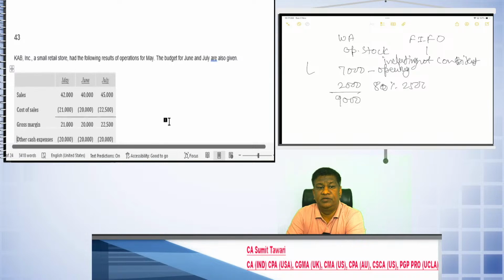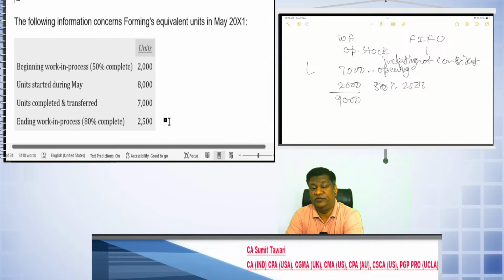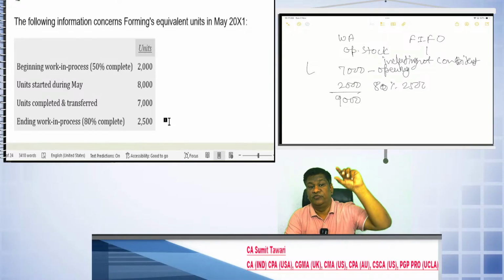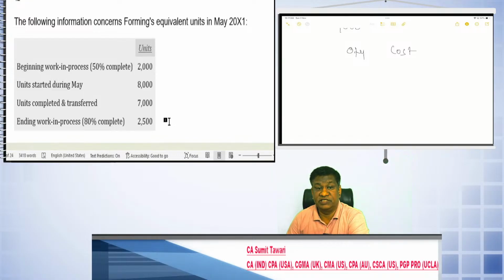Question number? Can you repeat once again, please? Okay, see what happened. In weighted average, we are considering the opening stock as well, which means the opening quantity and the cost. Say in this example, the 2,000 quantity, out of this 50% is complete and there may be some associated cost.